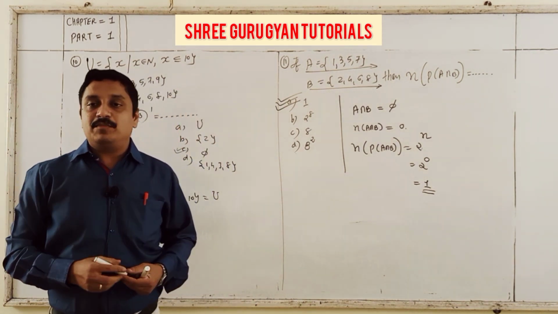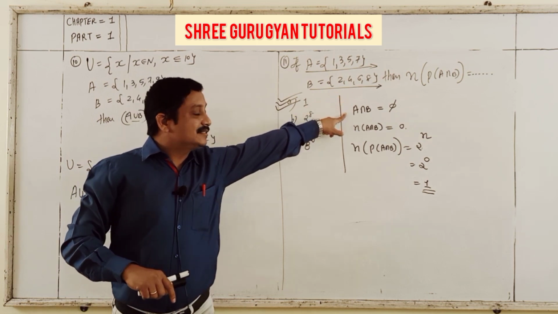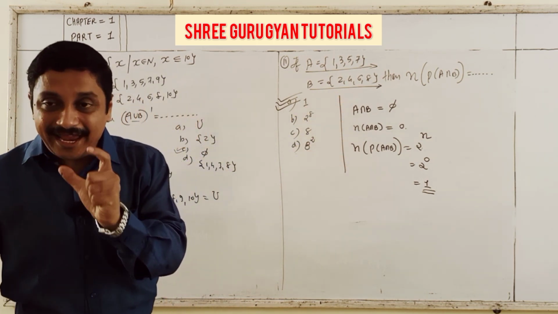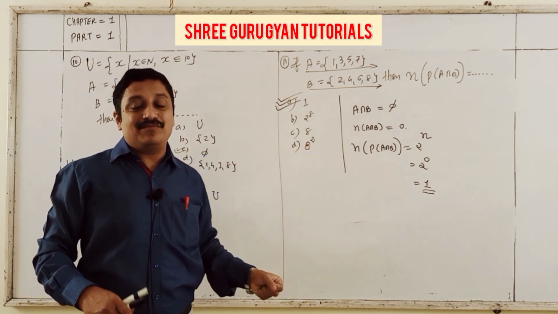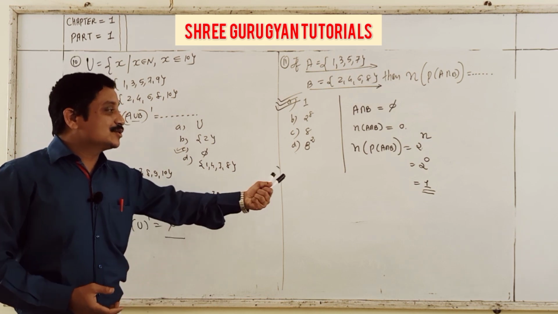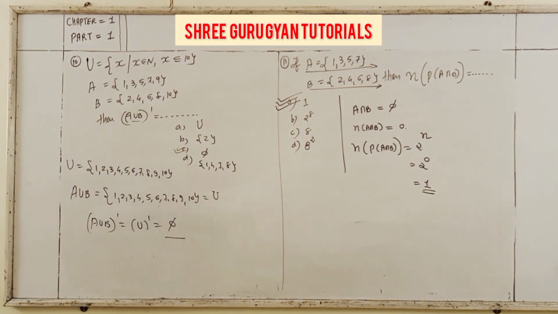A intersection B is purely a null set, so the null set has no element. That's why I wrote n of A intersection B is 0, and the formula you know: the number of subsets is 2 raised to n, and 2 raised to 0 is only and only 1. Yes, write properly.